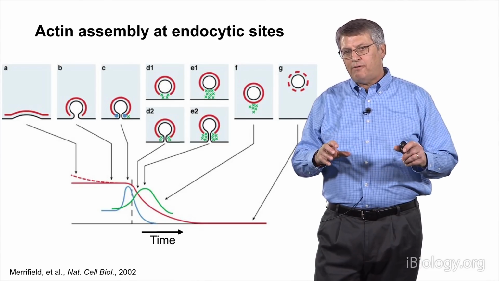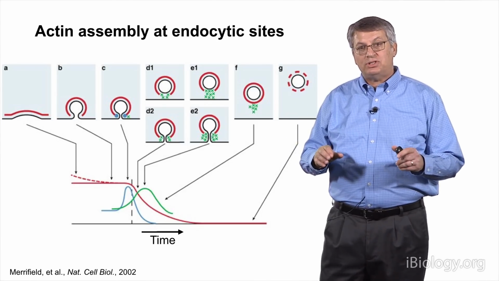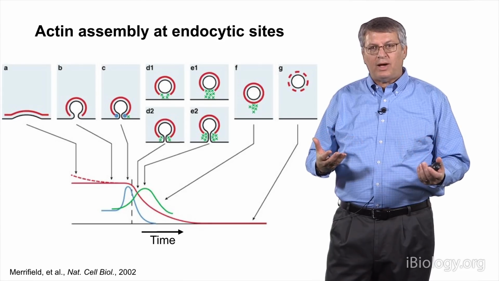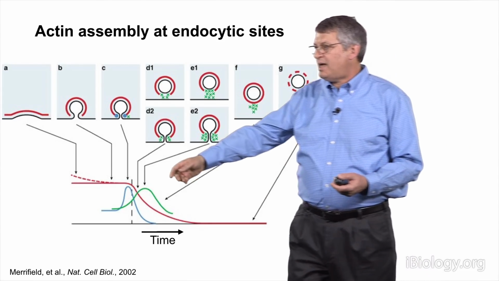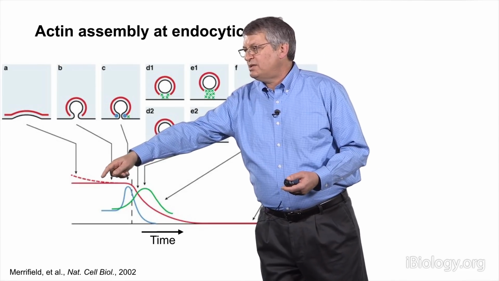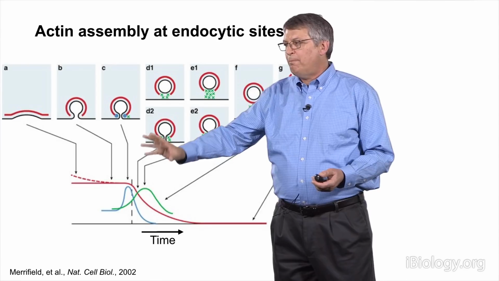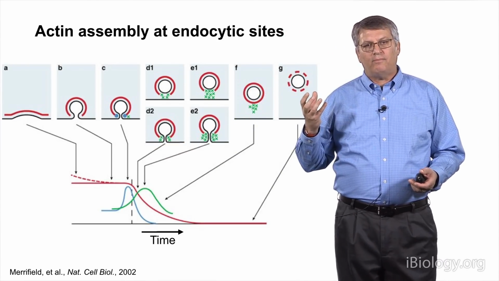And it was really clear from Christian Merrifield's work why that was so, why actin had never been seen in light microscopy studies to be associated with endocytic sites. That was because for most of the lifetime of the endocytic site, there was no actin. There was only a burst of actin assembly that occurred at the end of the pathway when the vesicle formed, okay?